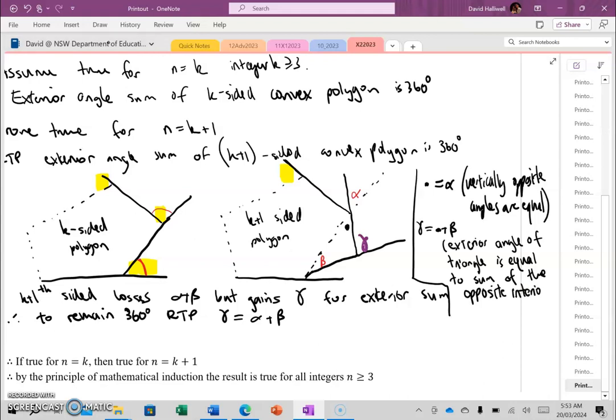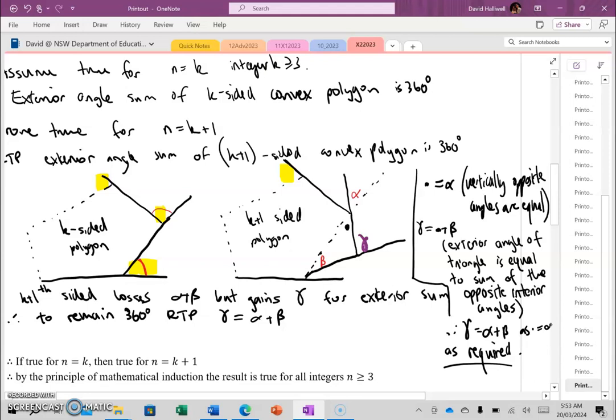That's just the exterior angle theorem written out. And because we know dot is equal to alpha, therefore gamma will equal alpha plus beta, as dot equals alpha. Okay, as required.